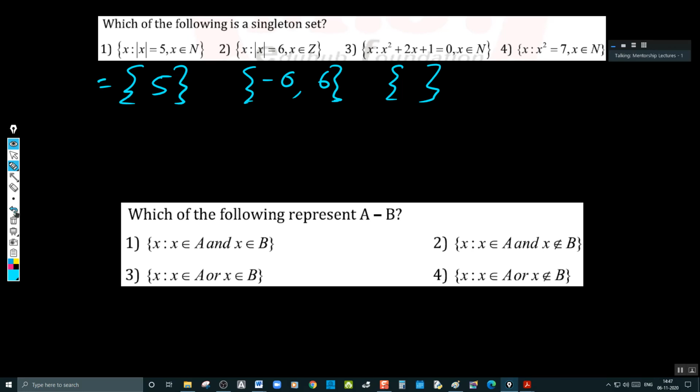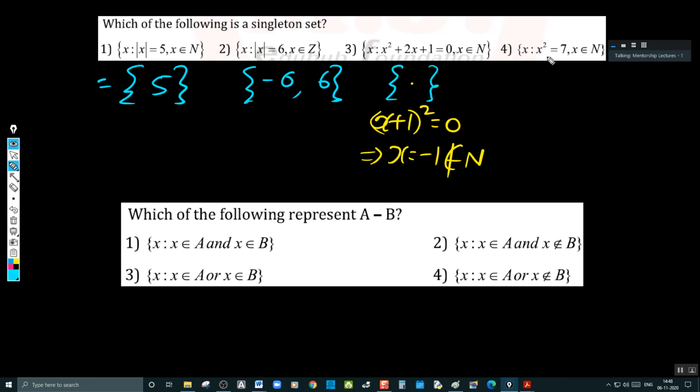I'll write the reason. x plus 1 whole square is equal to 0 implies x is equal to minus 1, which does not belong to N. Here it is given that x belongs to N, and hence it is not a natural number. Similarly, coming to the next one, it is a null set, please. Null set is to be denoted like this, with a dot in between two curly brackets.